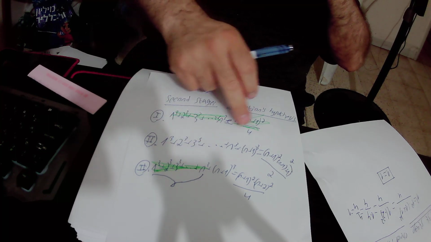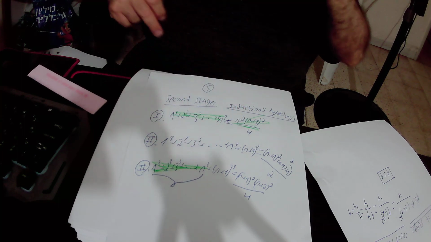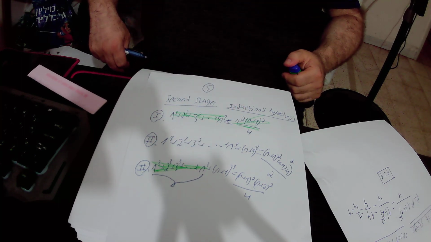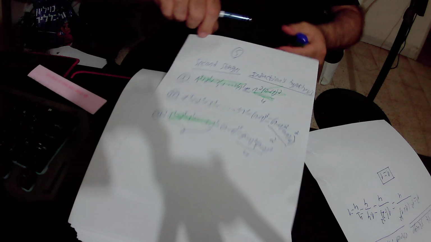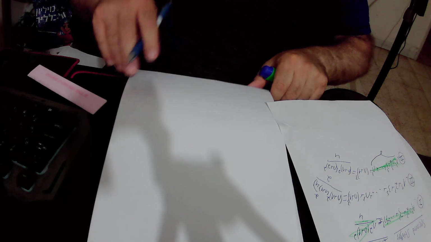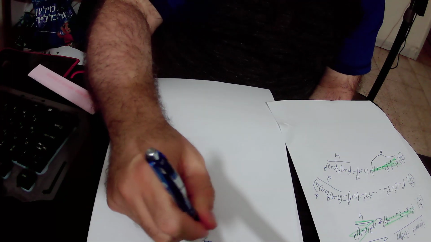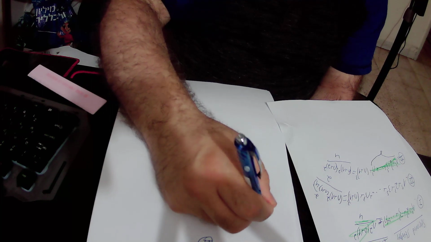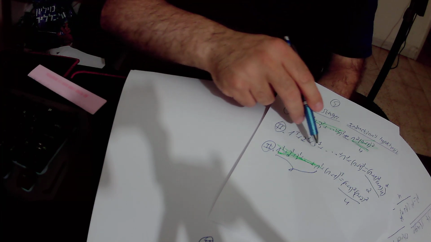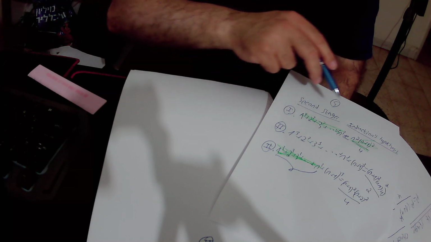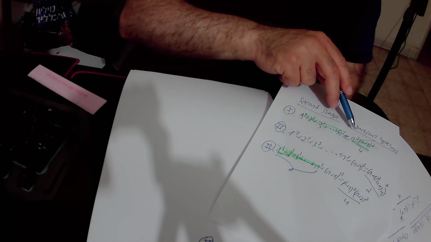Okay, they are equal to each other, so we can substitute one by another. So we'll do it now. Instead of 1 to the power of 3 plus 2 to the power of 3 plus 3 to the power of 3 plus n to the power of 3, we will write n squared times n plus 1 squared divided by 4.